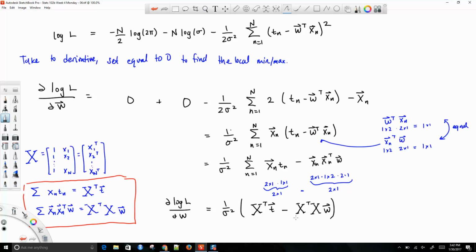T sub n is an individual value, right? So in the year 1980, our t sub n was, I don't know, 10.26 seconds, and then x sub n would be 1980. Now that we have this, we're going to set this equal to 0 and solve for w.